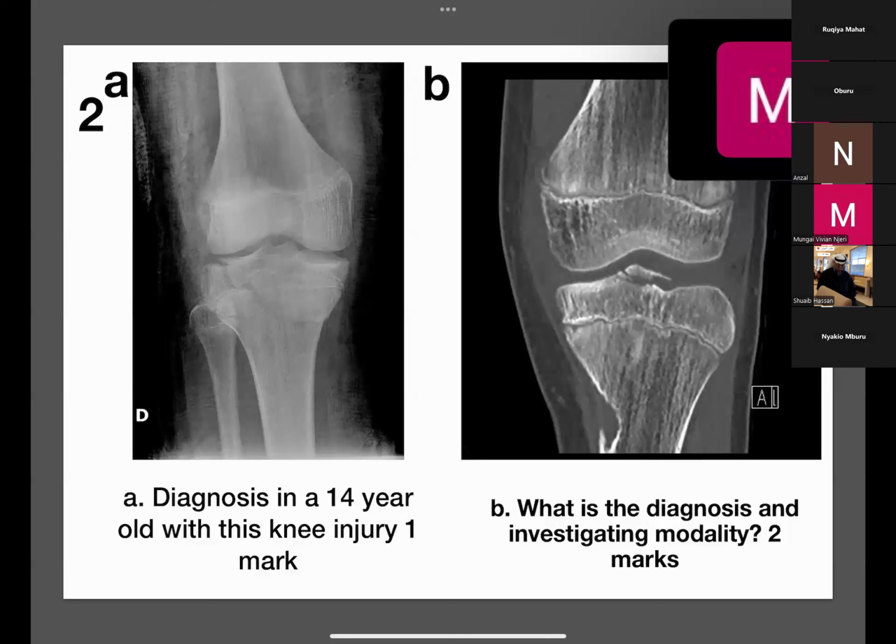Maybe I would say yes, and maybe no, because all you need to do is know the anatomy of the tibial spine and what attaches at the tibial spine. Anyone? The anterior cruciate ligament. So this is an avulsion fracture of the anterior cruciate ligament. Or if you say an avulsion of the tibial spine, no one will penalize you.